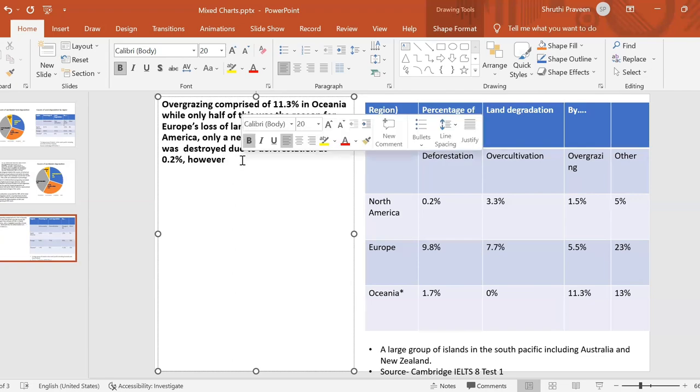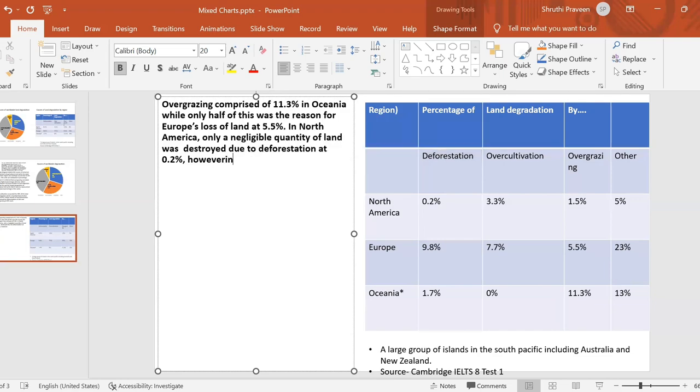However, in Europe, this was a whopping 9.8%. See, deforestation 0.2 and 9.8. We are taking the highest and the lowest.